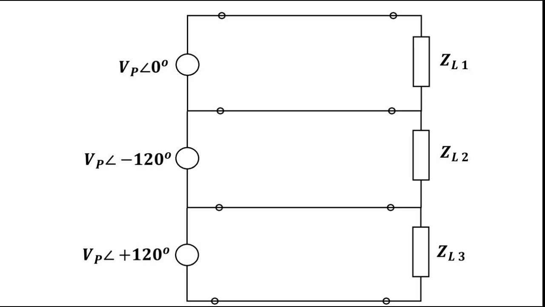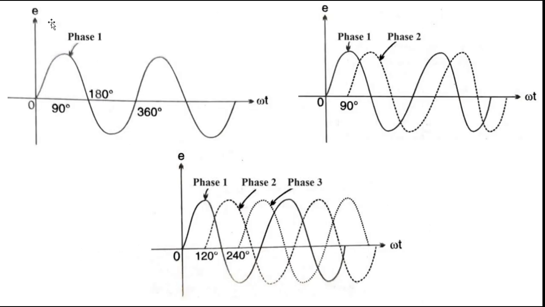Depending upon that, this neutral wire can either be there or not. So it is either a three-phase, three-wire system or three-phase, four-wire system, but the three-phase is always present. So this is the most commonly used generation, transmission and distribution system.